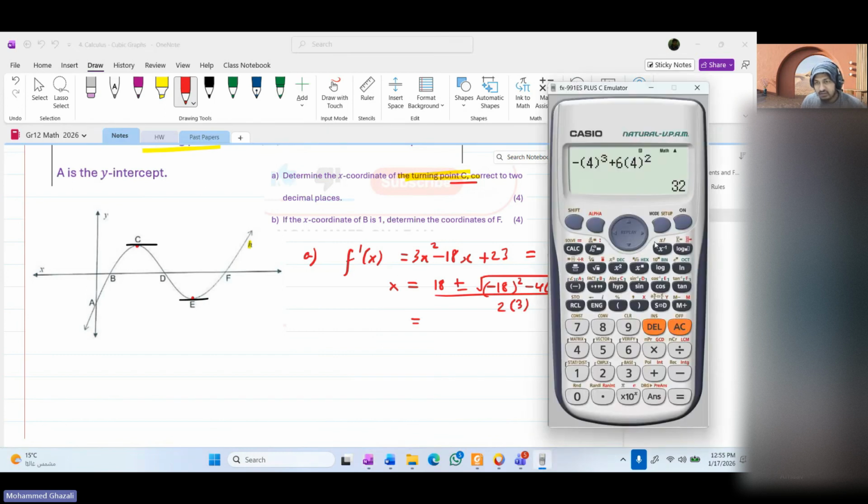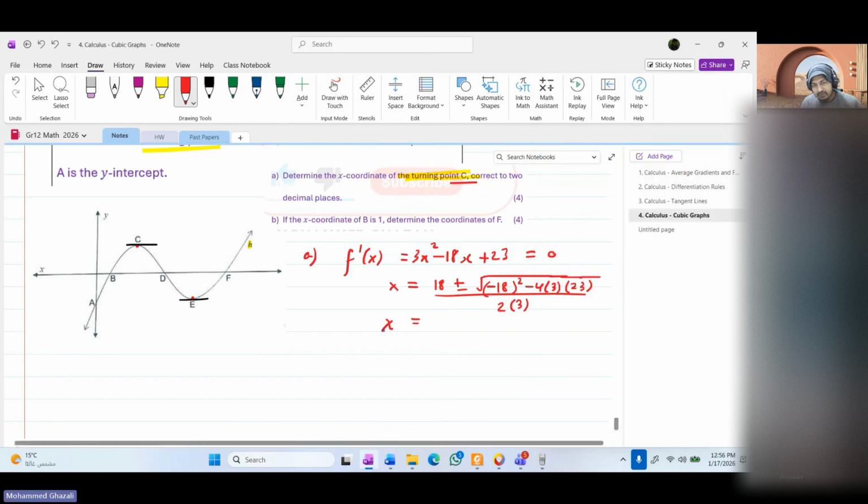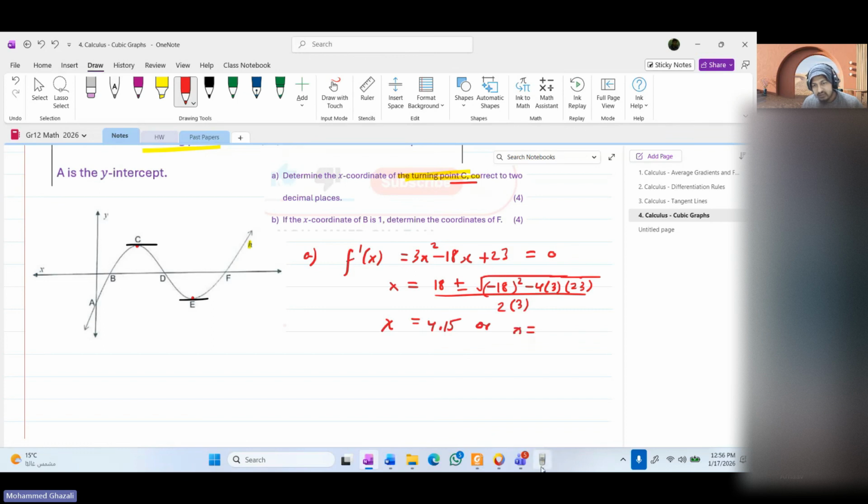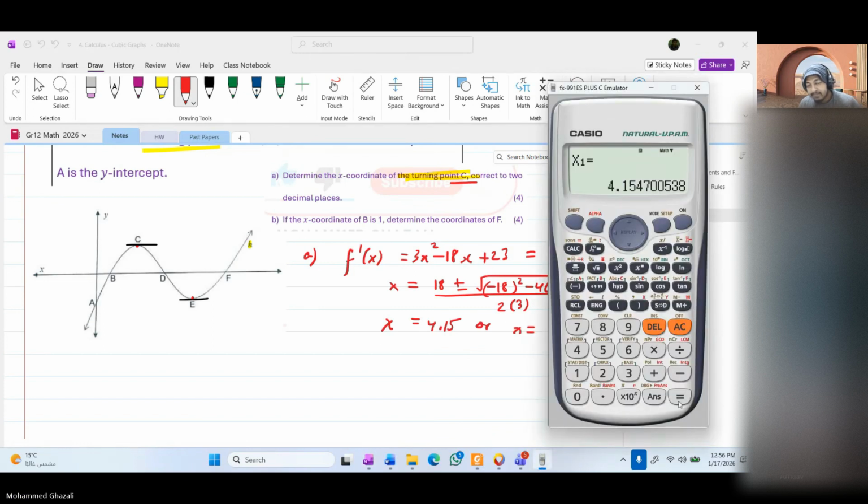I'll just use a cheat method. So mode 5, 3. I'll say 3, negative 18, and 23. So I'll get 2 answers, right? So the 2 answers I'll get is x equals 4.15, or x equals 1.85.